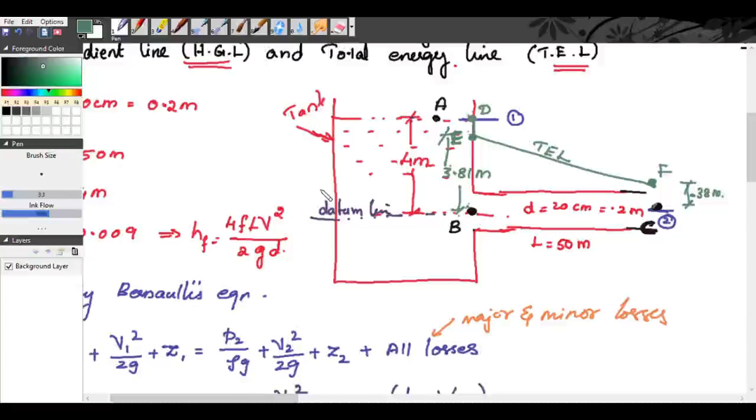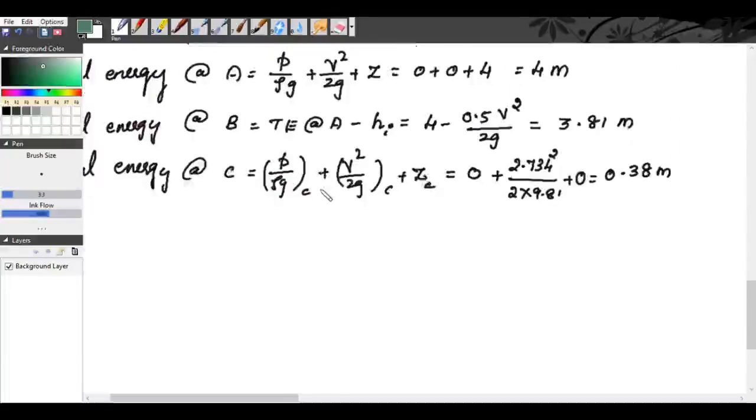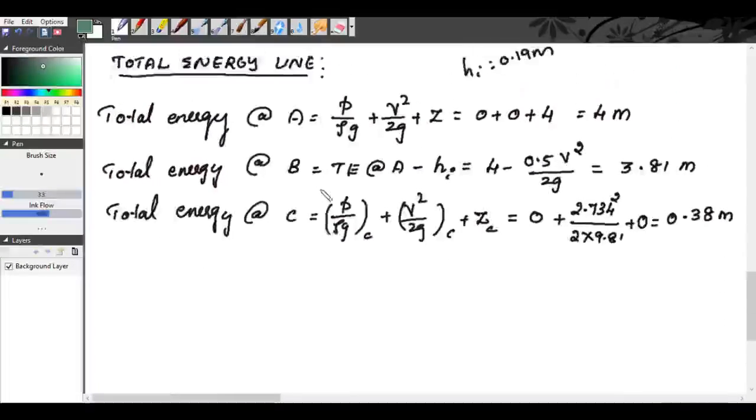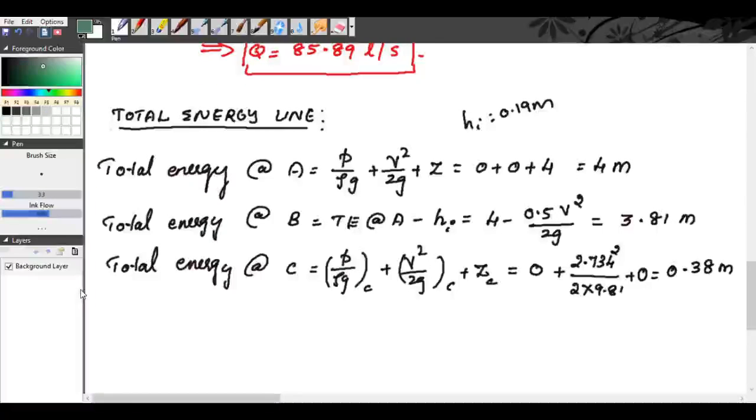Now we will try to draw the hydraulic gradient line. We know hydraulic gradient line is equal to pressure head plus datum head. So next is hydraulic gradient line.